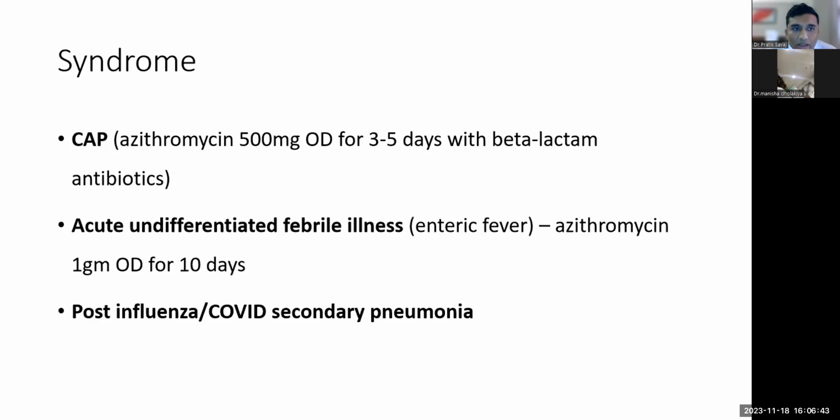Empirically, in community acquired pneumonia, most guidelines mention that you can start a beta-lactam antibiotic and one macrolide.